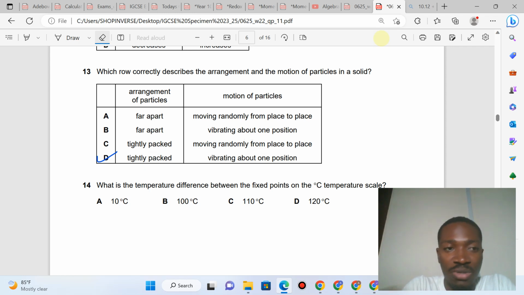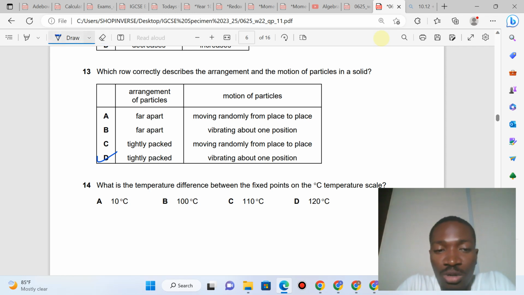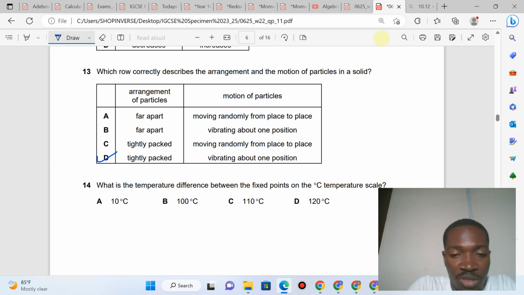That means the particles of solids are very close together and they vibrate about one position. Question 14. What is the temperature difference between the fixed points on the degree Celsius scale? The temperature difference between the fixed points on the degree Celsius scale is upper fixed point minus lower fixed point, and that will be 100 minus 0.